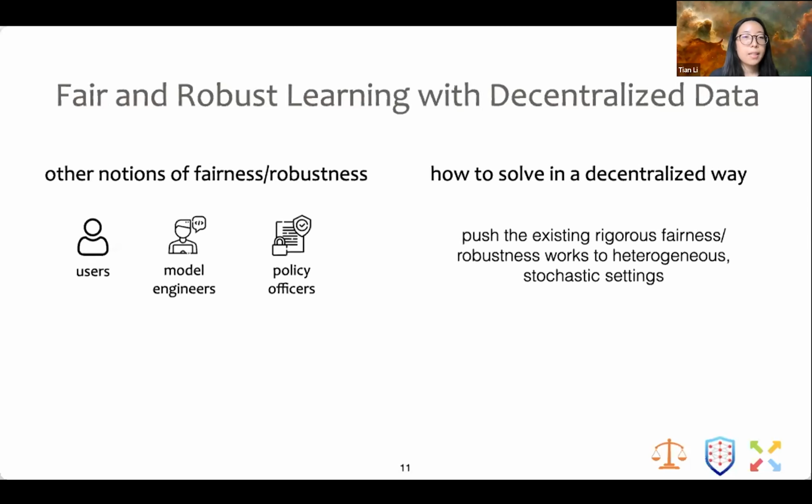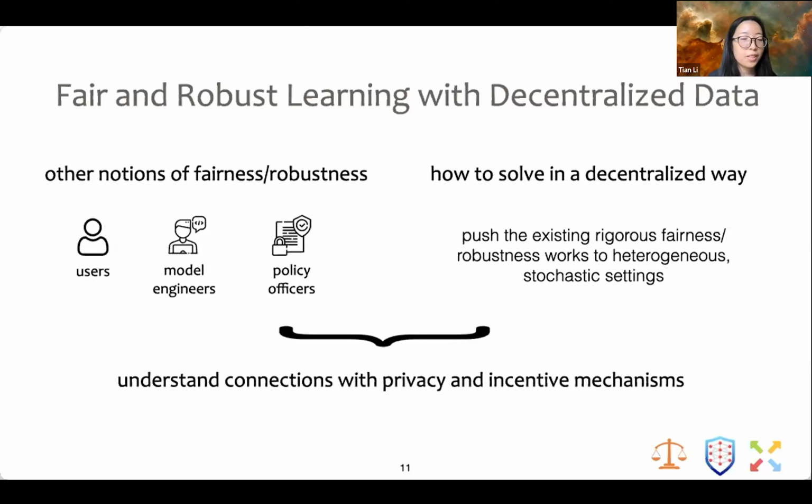And given many fairness or robustness concerns, how do we solve them efficiently in a decentralized way is also very open. And so we need to push the existing rigorous fairness and robustness works that are developed for just centralized or normal machine learning, for maybe convex problems or homogeneous settings, to heterogeneous and stochastic environments.